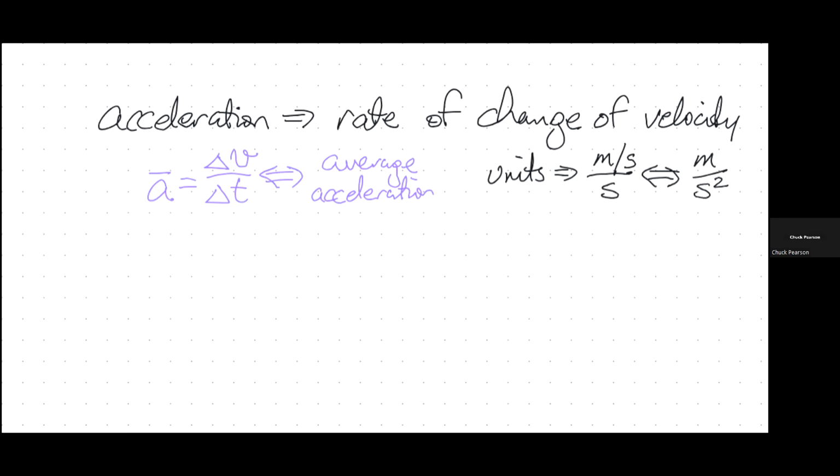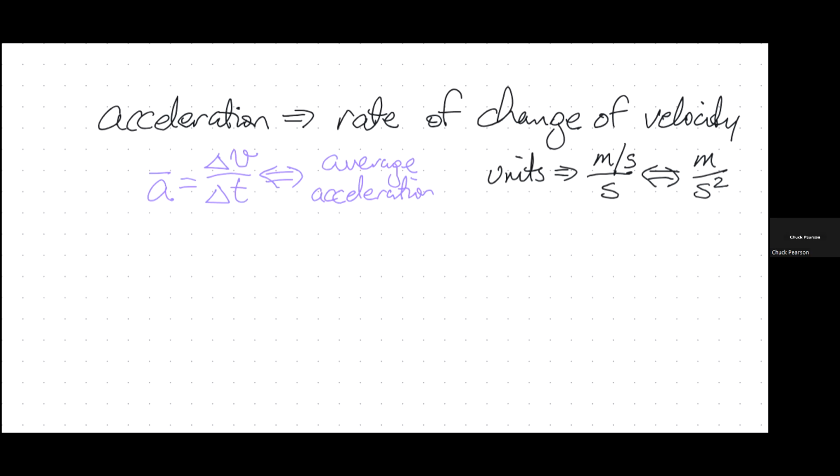And we can deal with a situation previously that if we know that the velocity is changing by some amount over a period of time, we divide that by the time and we get the acceleration out.